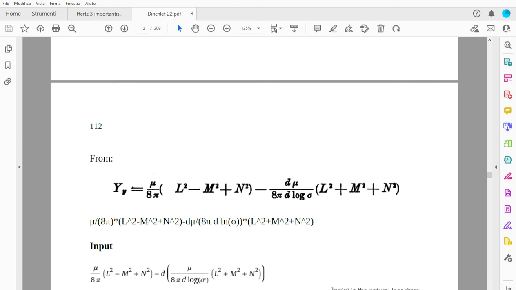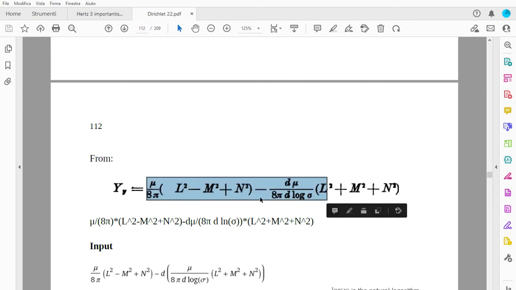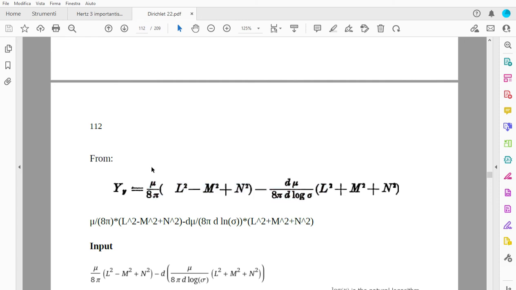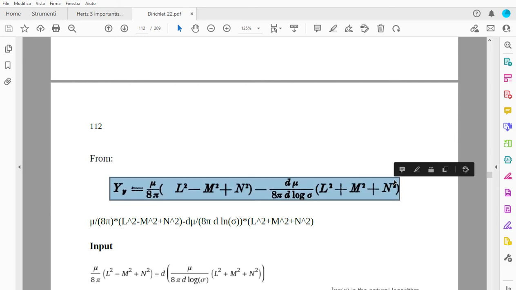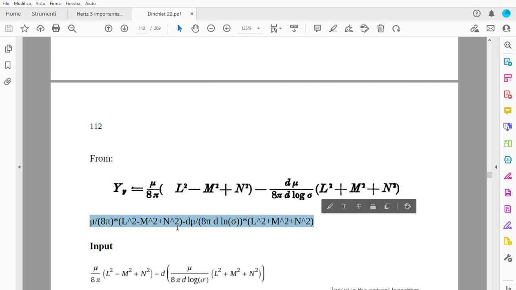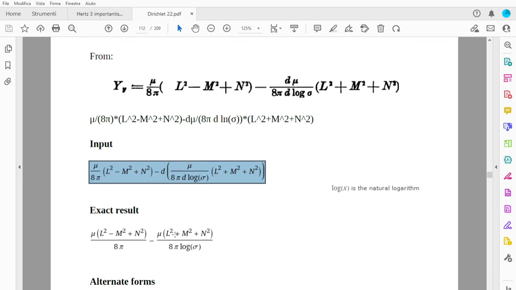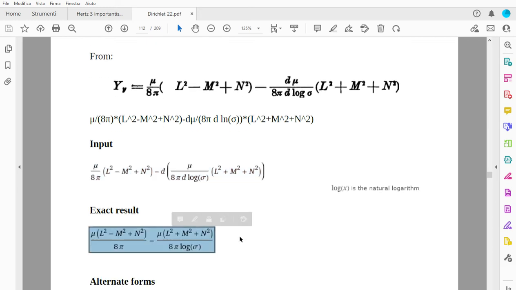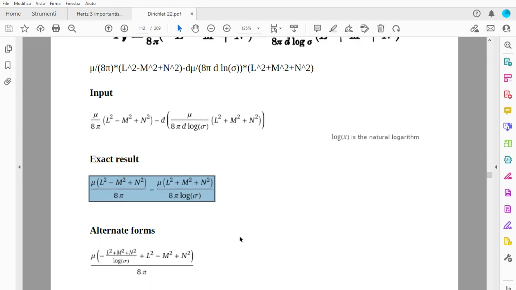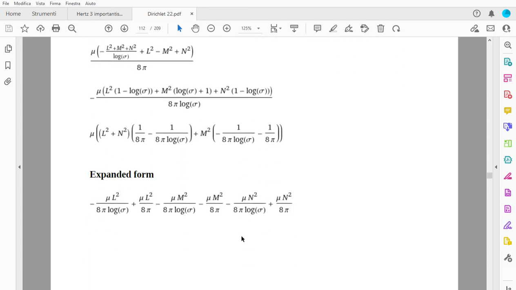Now we analyze the second equation. That is this expression and this expression. This is the exact result. Also here the study of the function.